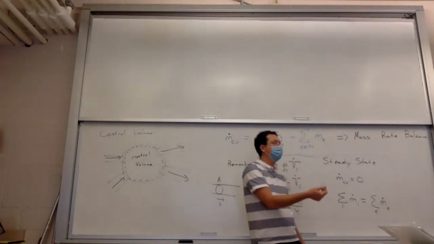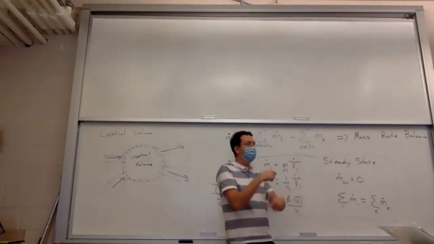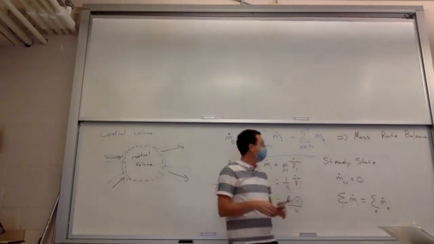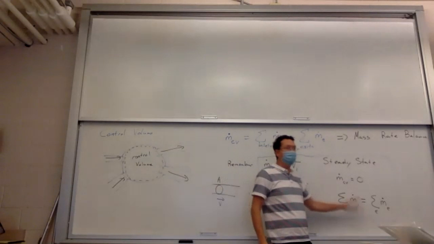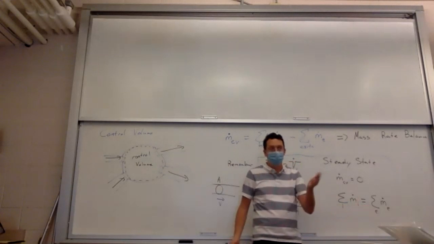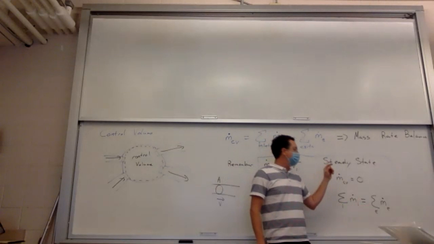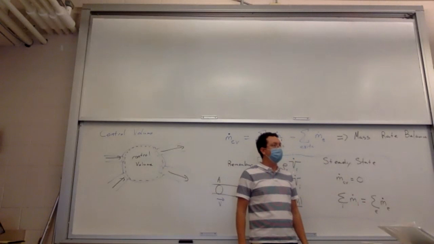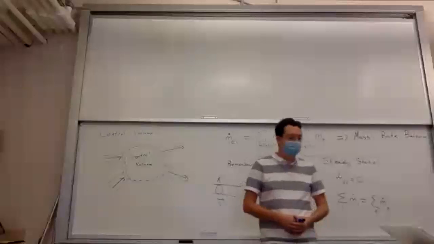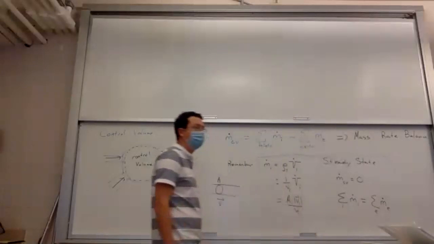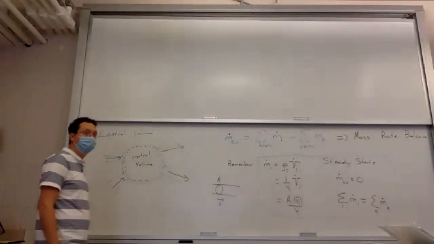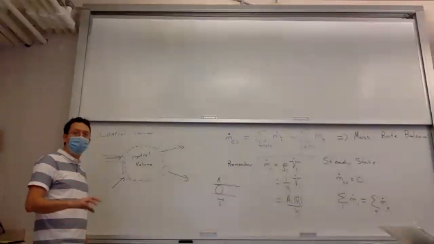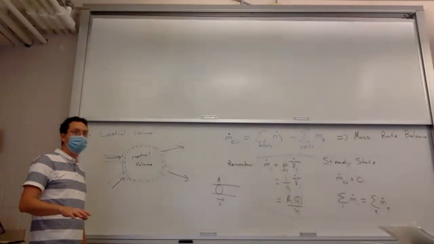Nozzle, diffuser, those are 1 in, 1 out. Throttle, 1 in, 1 out. So most of the devices we have are 1 in, 1 out, and the m-dots just have to stay constant throughout. There are a few devices which might be a little more complicated, but most of the ones we use are 1 in, 1 out. So it's simple. Everybody feel like they understand these ideas? Okay.